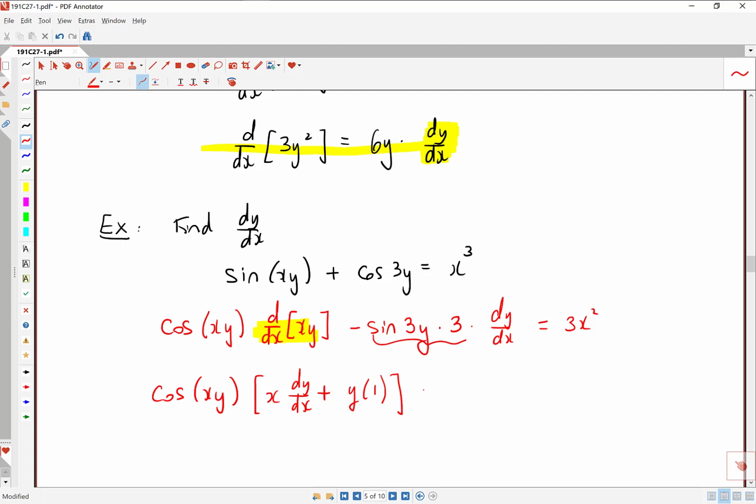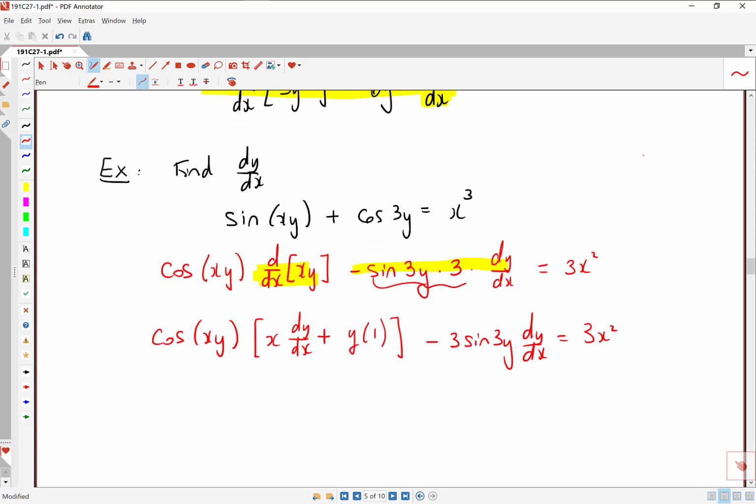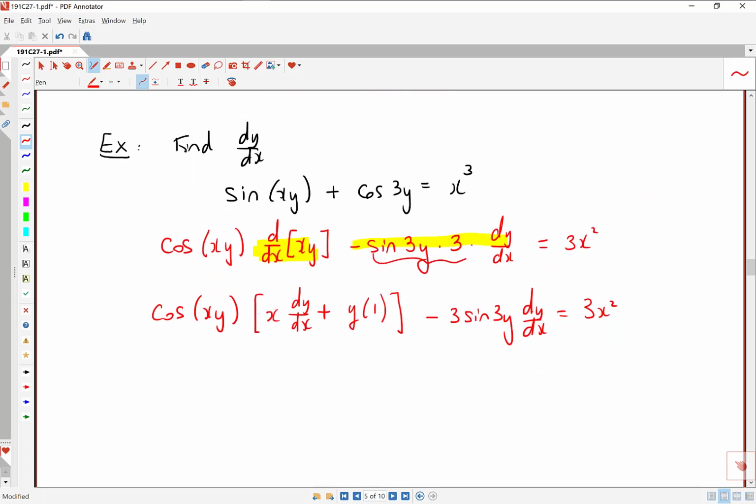Okay, and then the rest of this is just cleaning up. So this term here would look a little bit better if we write the 3 at the front. So let's say minus 3 sine of 3y dy by dx equals 3x squared. So if you remember how implicit differentiation works, now what we want to do is solve for dy by dx.